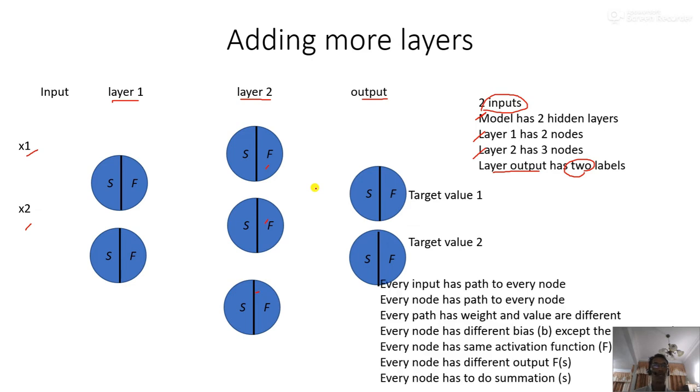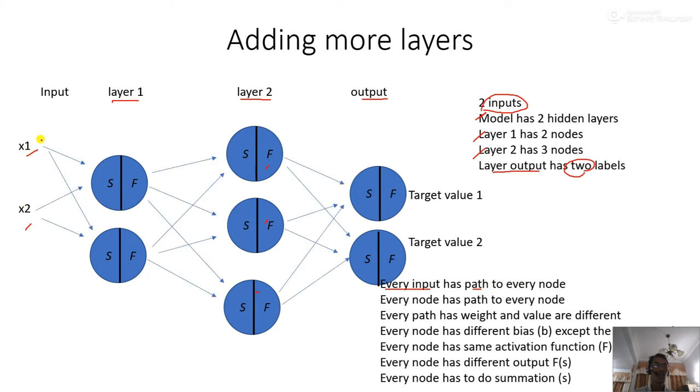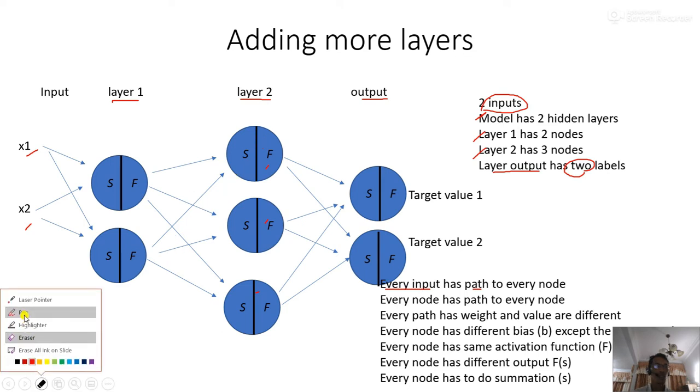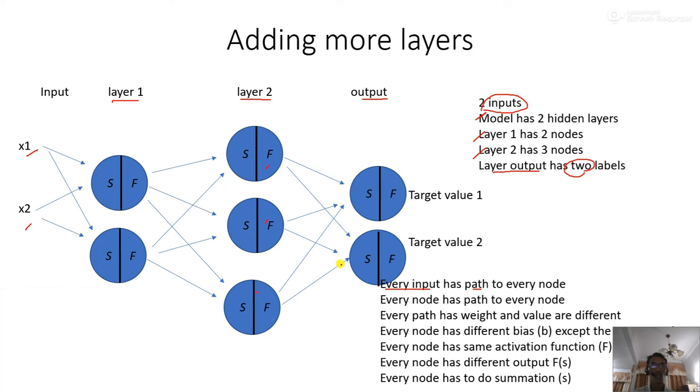Every input has a path to every node. So 2 times 2 is 4 paths, 1, 2, 3, 4. Then 2 times 3 is 6 paths, 1 to 6. The last one is 3 times 2, 6 paths, 1 to 6.